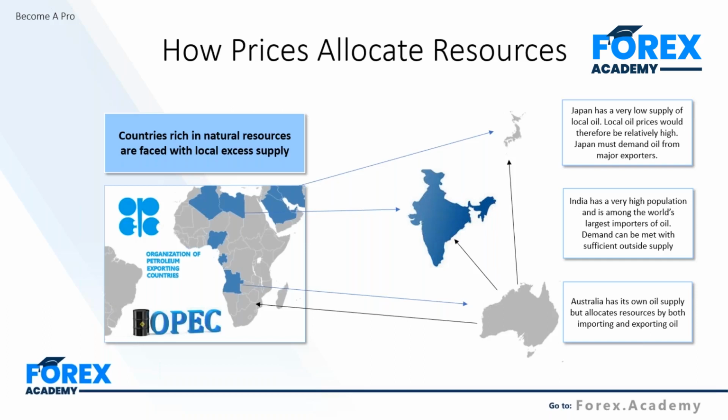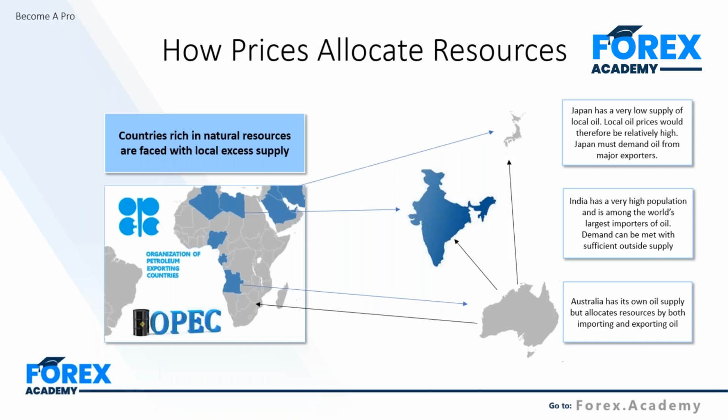They're all effectively part of the function of supply and demand, even though perhaps Japan isn't producing a lot. It is a big player because it's creating a lot of demand for the product. And this is effectively how prices of commodities are dictated across the world through this function, and how prices in turn allocate resources.